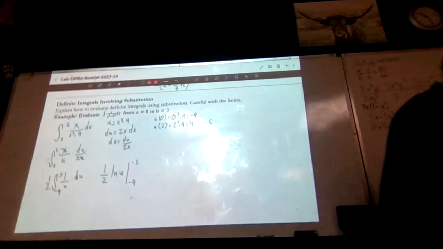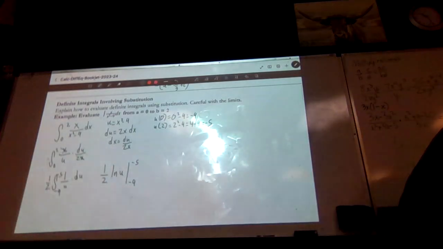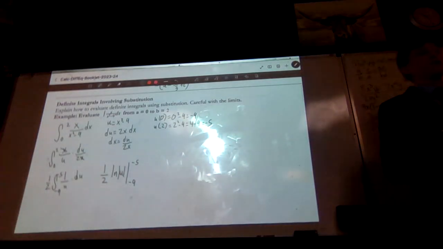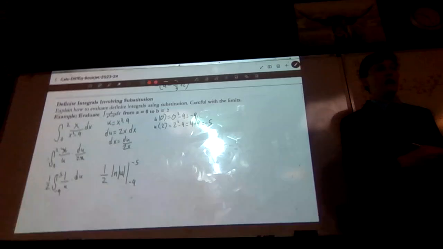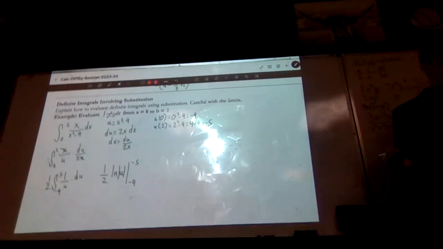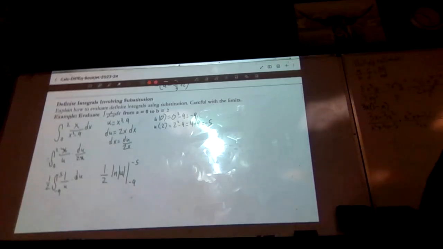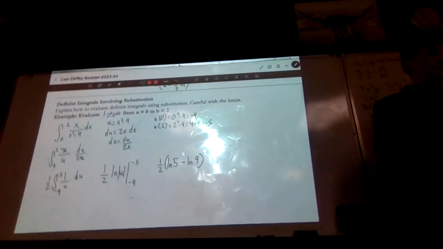So whenever we do this integral, we use the absolute value of u, or else a lot of the integrals that we do will just cancel out very easily. So we get 1/2 times the natural log of the absolute value of -5, which is 5, minus the natural log of the absolute value of -9, which is 9.